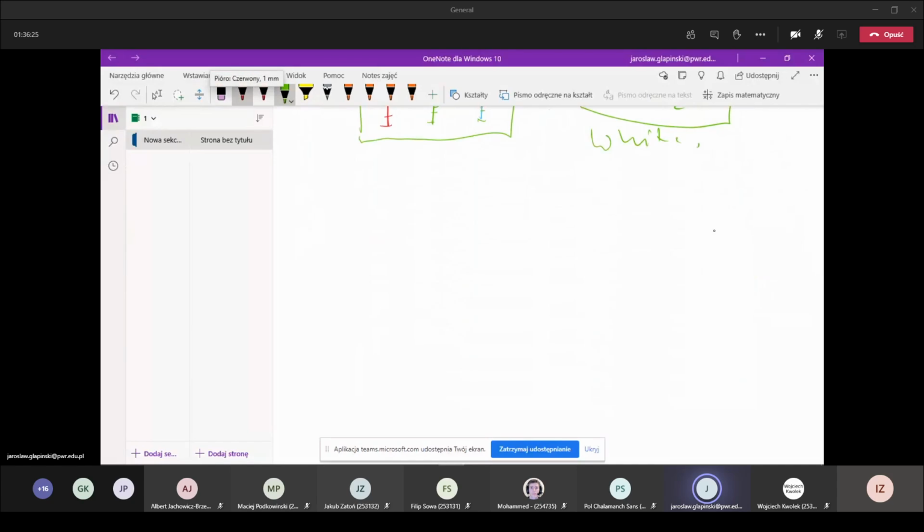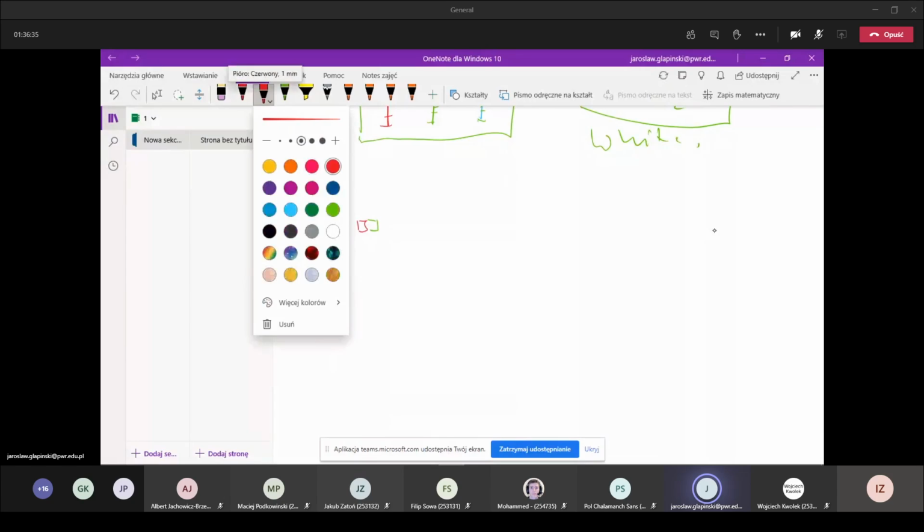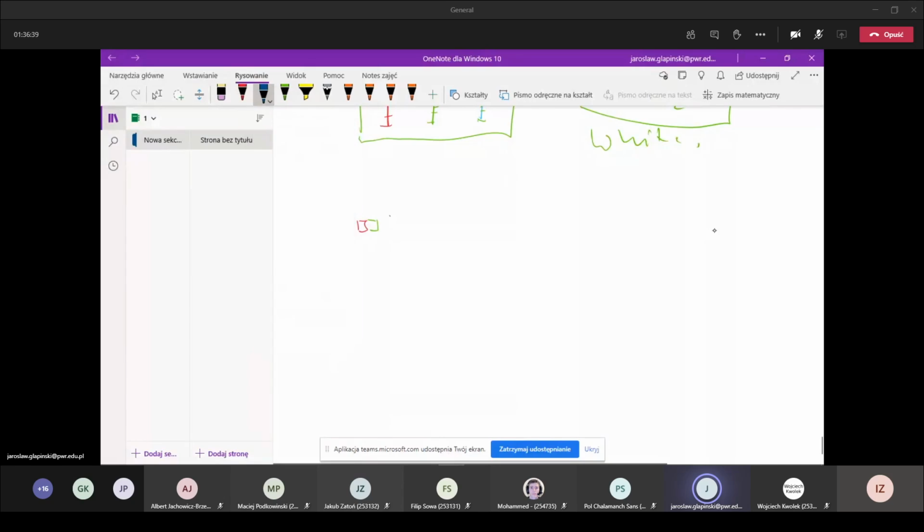One is connected with the red, green, and blue. So the mixture of red, green and blue light gives us white. This is one concept.